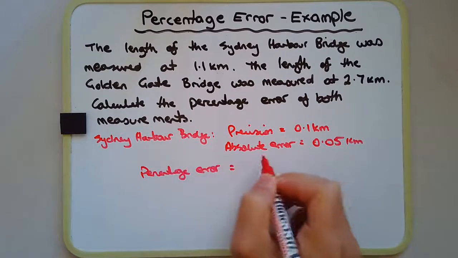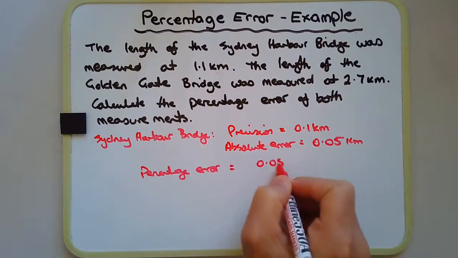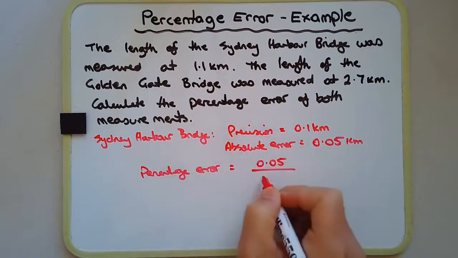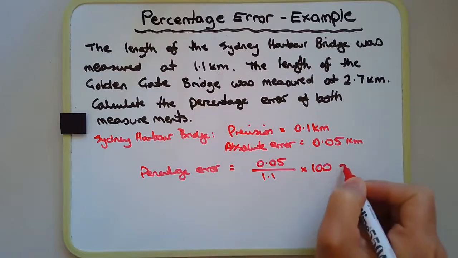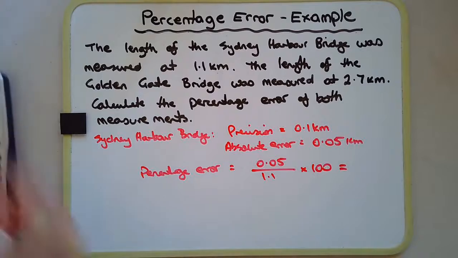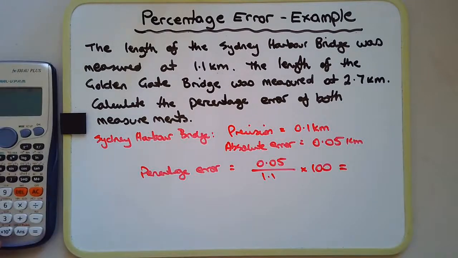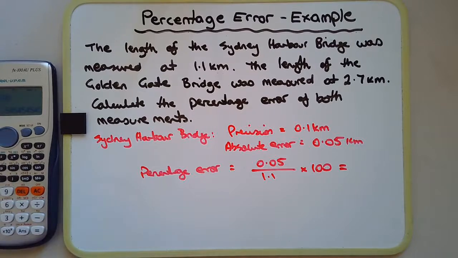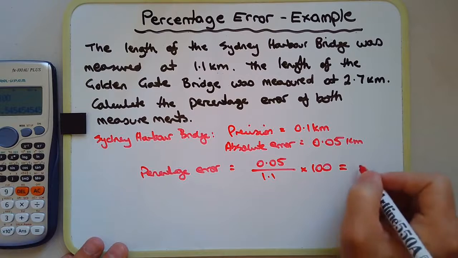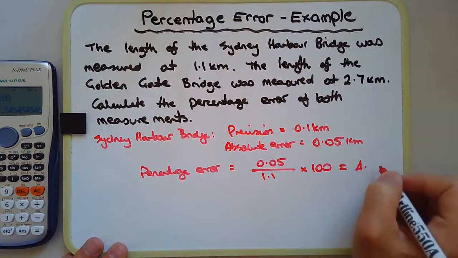It is equal to the absolute error, which is 0.05, over the measurement, 1.1, and we multiply that by 100 to get it as a percentage. 0.05 over 1.1 times 100 gives us 4.5%, or let's say to two decimal places again, 4.55.